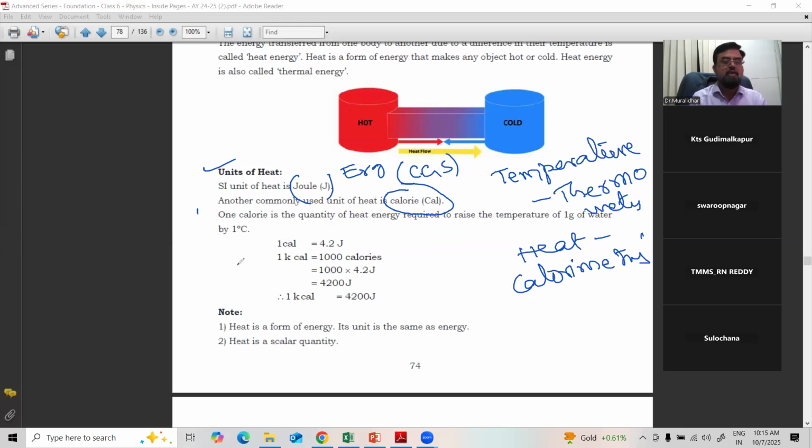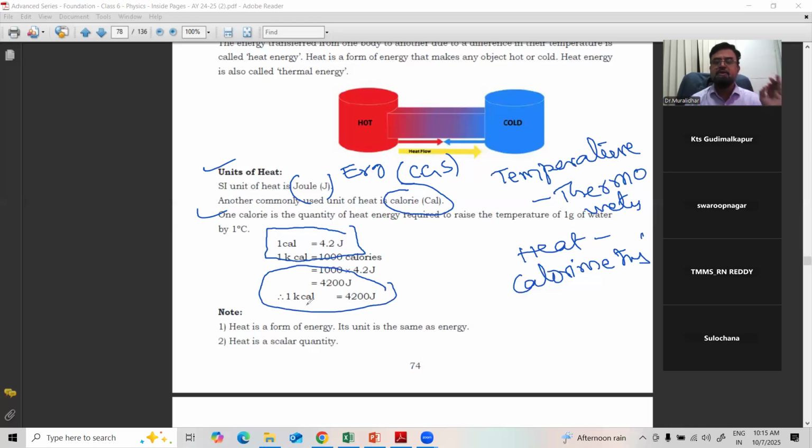So heat is measured in either joule or erg or calorie. There is a relation also. What is 1 calorie? 1 calorie is equal to 4.2 joule. Very important. Of course, kilo means 1000. 1000 calories, that is 1 kilocalorie, is nothing but 4200 joules in the SI system, because 4.2 into 1000 is 4200, right? Very important.